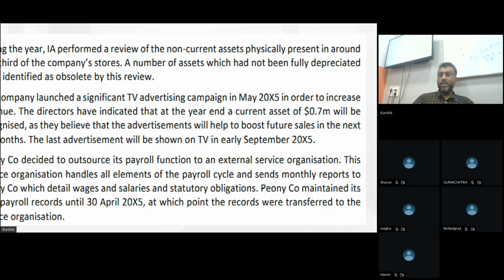Very easy. Think about it. Fee? I'm the company, and you are my auditor. You're paid, I have outsourced.